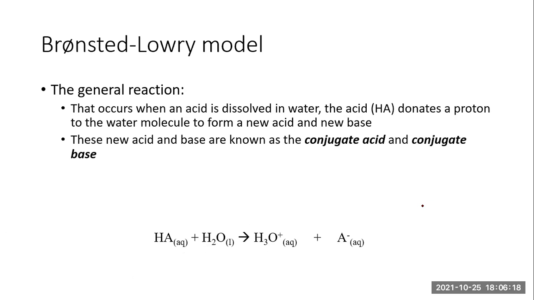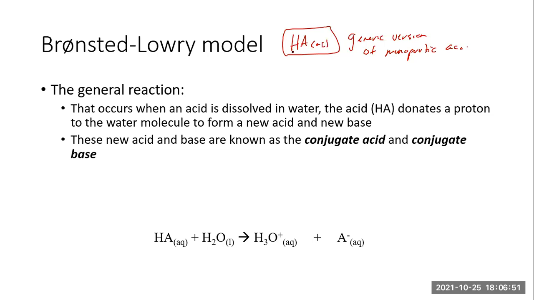Okay, so we have what is known as the Bronsted-Lowry definition of an acid and base. In the Bronsted-Lowry definition, the acid is a proton donor, and the base is a proton acceptor. By the way, when you see HA written like this, it's a generic version of what is referred to as a monoprotic acid.